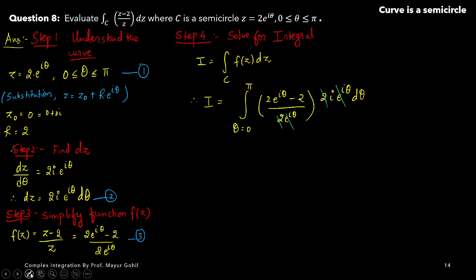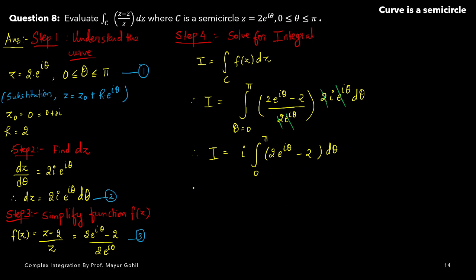I'll take that constant i outside and keep it alone. Therefore capital I is equal to small i times the integral from 0 to π of (2e^(iθ) − 2) dθ. Now this is what we have to integrate.